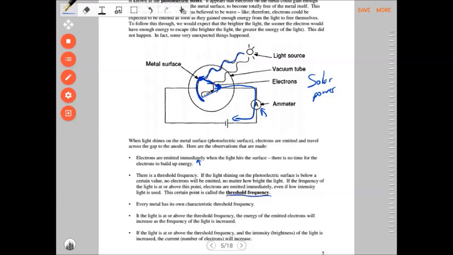Now, it should be noted that there is also a threshold wavelength, because, of course, we use the formula c = fλ. Now c, because it's the speed of light, this is really the universal wave equation, usually with a v, but all EMR travels at the speed of light, so c is 3.00 × 10^8.